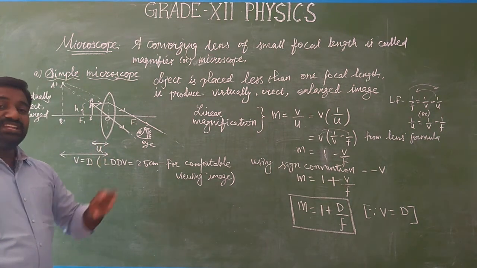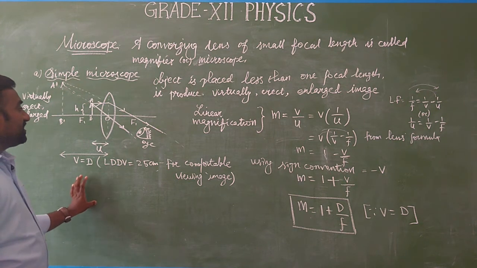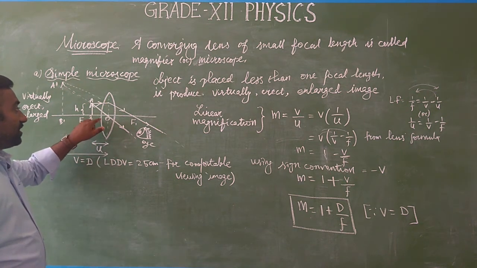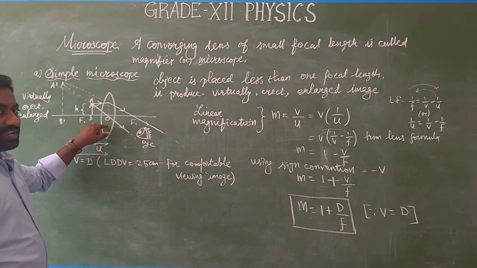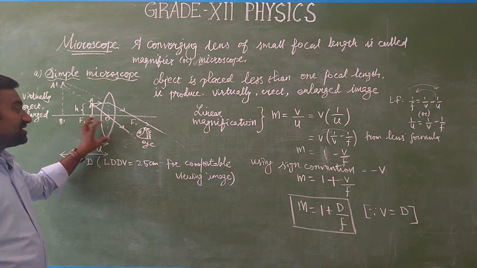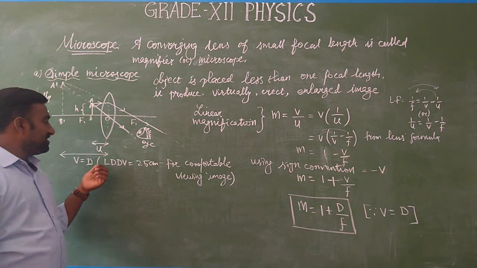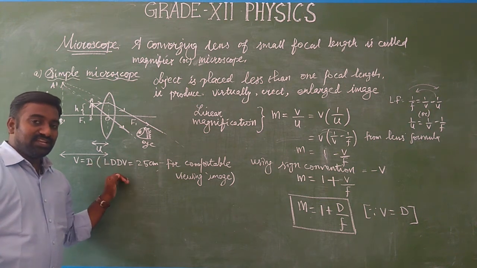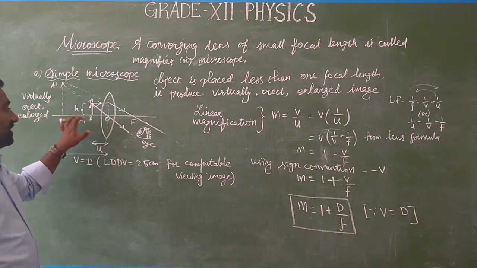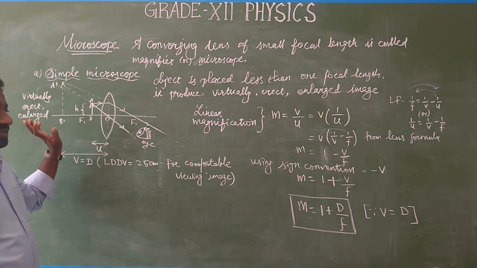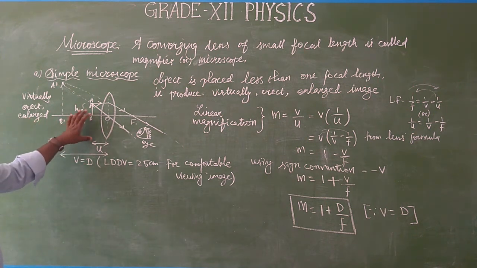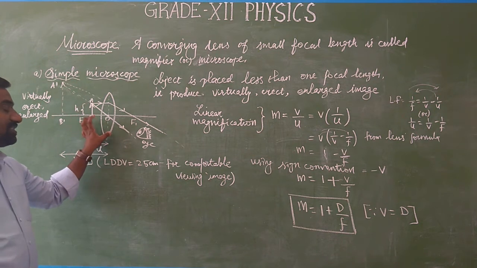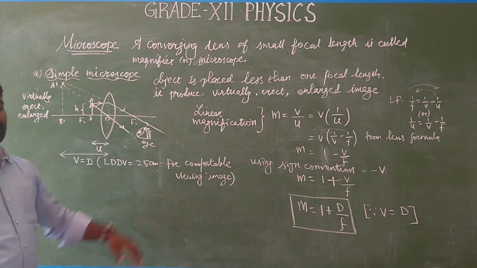This is the linear magnification for the condition where the object is placed at less than one focal length. But in this situation the image is obtained at 25 centimeters, so somehow you feel the strain. To avoid straining the eye, the object must be placed at F for comfortable viewing. In that case it creates some angle, so the magnification differs from this case.